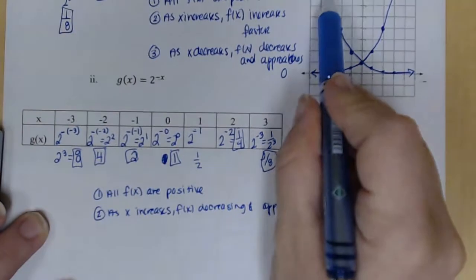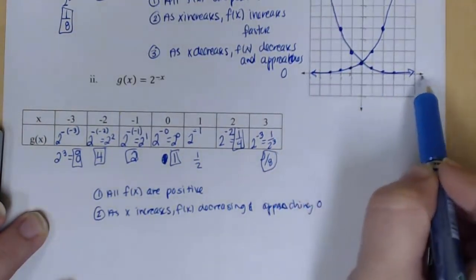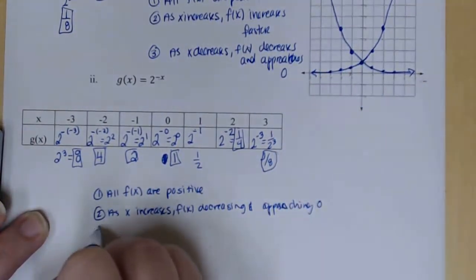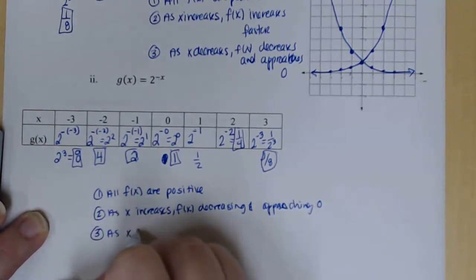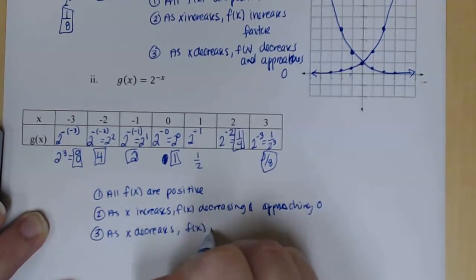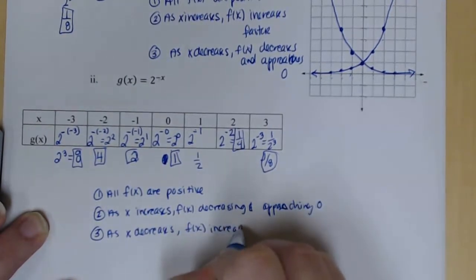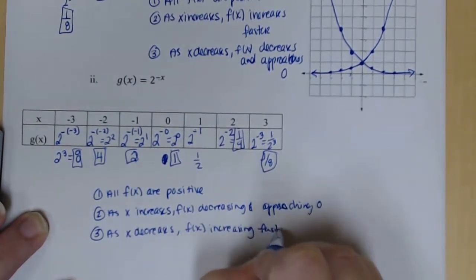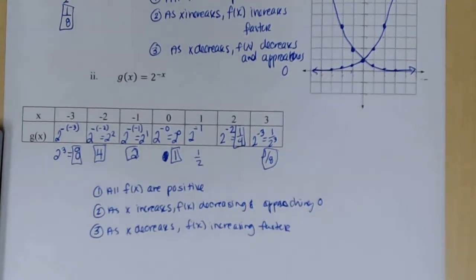So as our x's were increasing, f of x was decreasing, it was getting closer and closer to 0. And then as x decreases, f of x is increasing faster.